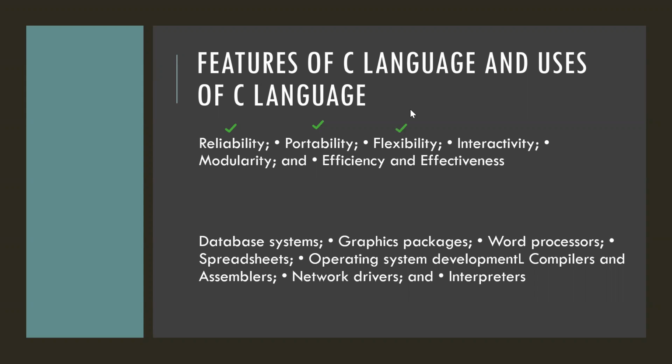Now for flexibility, we are talking about C language as being flexible in terms of if you need to make changes to its functions or features, it can be also acceptable. So meaning it can be done.